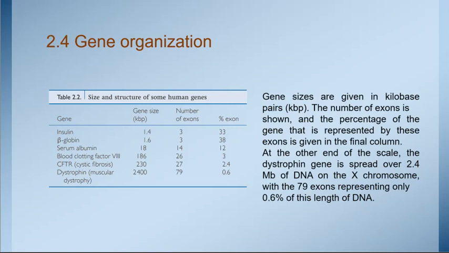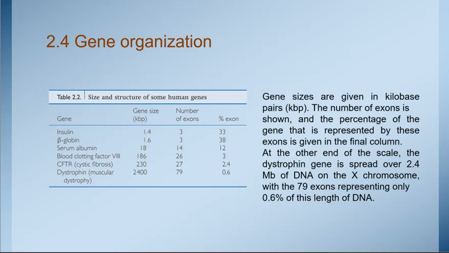In many cases, the number and total length of the introns exceed that of the exons, as in the chicken ovalbumin gene, which has a total of 7 introns making up more than 75% of the gene.